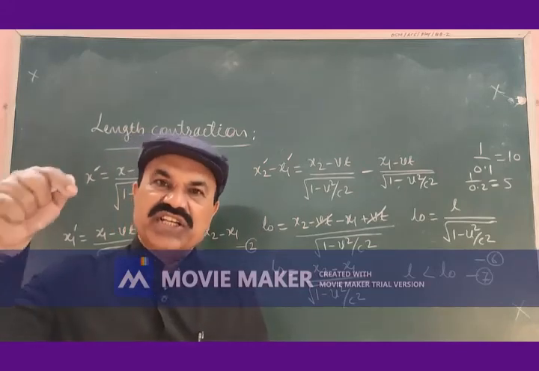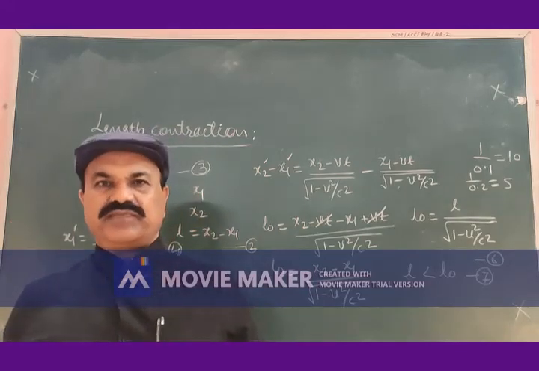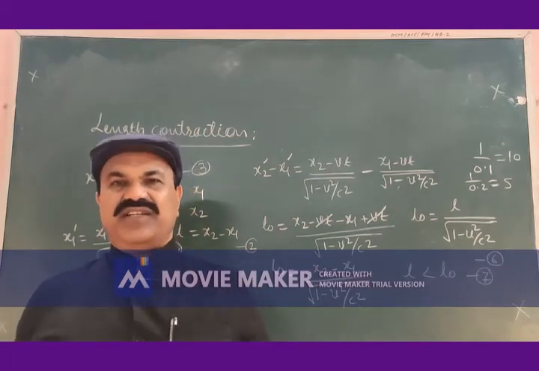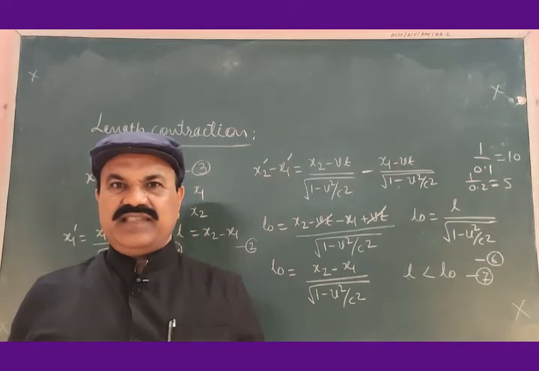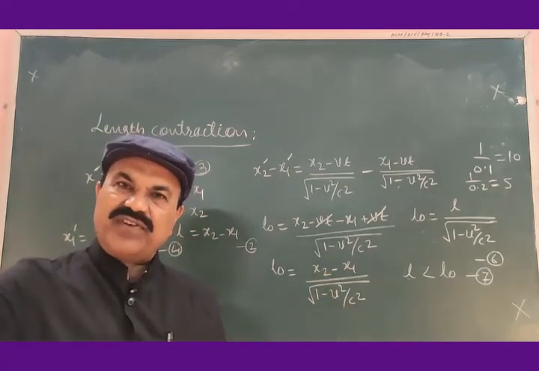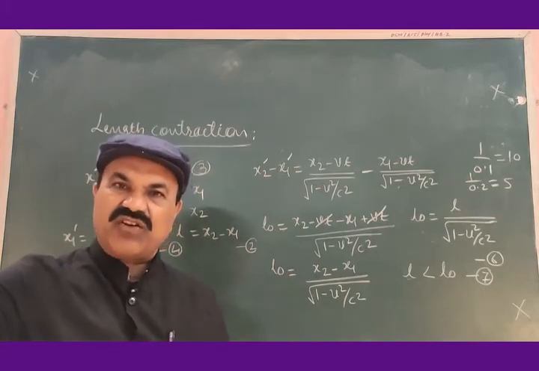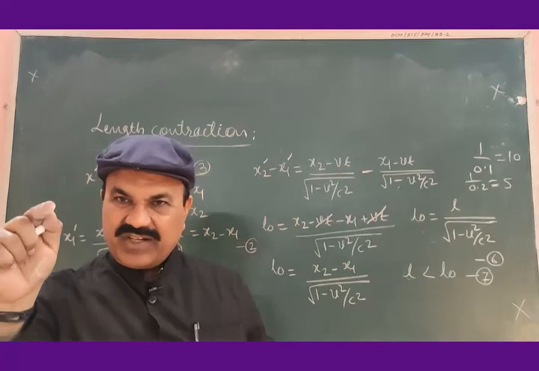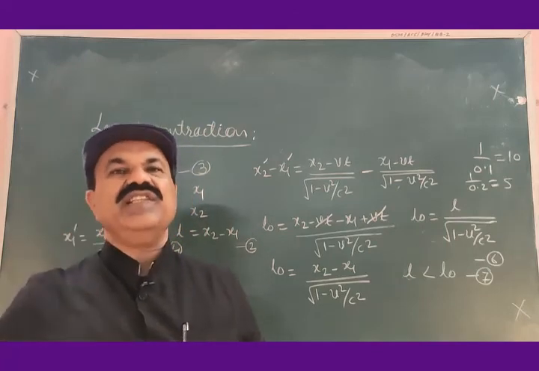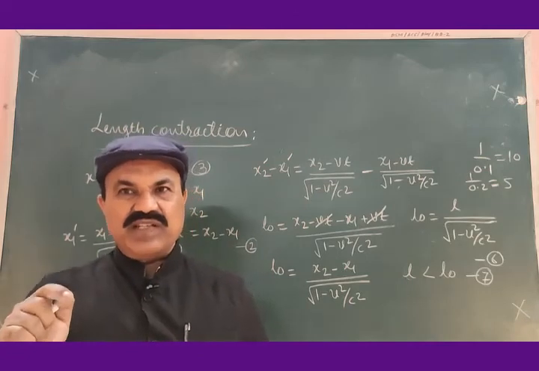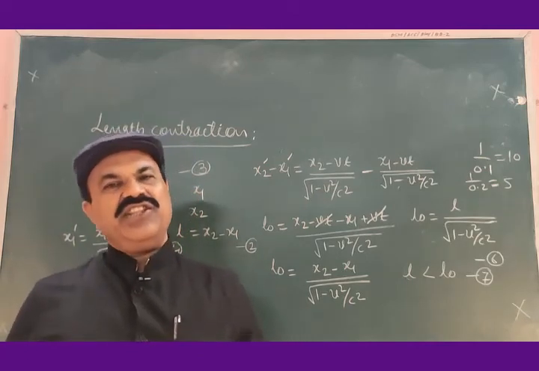This is known as length contraction. But if the observer in the frame of reference in which the rod is lying watches the rod, for that observer the length is not changing, the length remains the same.